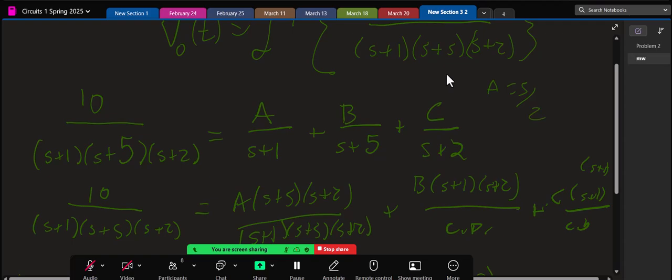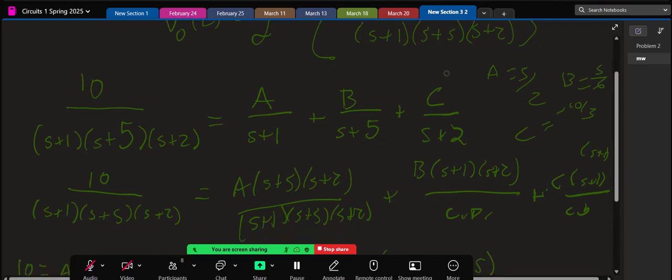Negative 5, that's negative 4, negative 2, negative 6, so B is positive 5 sixths. And C, negative 2 is negative 1, that's 3, so C is negative 10 thirds.